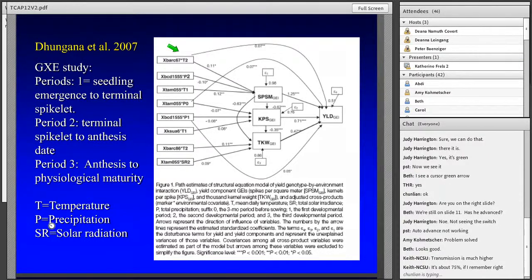Now, the difficulty with this is that you explain very little G by E with any of these paths, and so G by E is probably still the toughest thing to work any kind of models for. And then the other part is this is really crude.